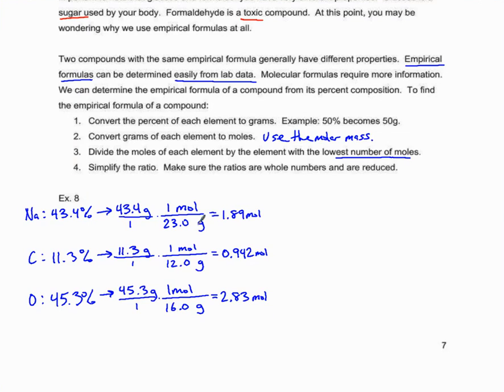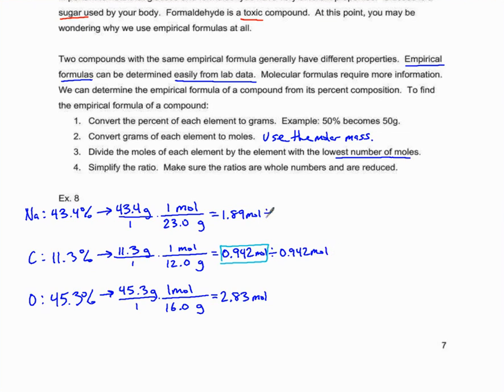Next step says divide the moles of each element by the one with the fewest number of moles, or the lowest number of moles. And that would be this one, 0.942. So we're going to divide this by 0.942 moles.